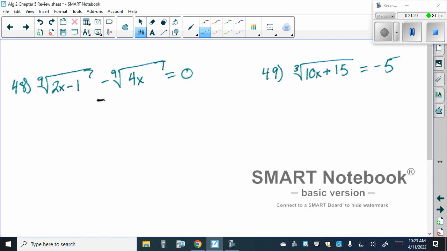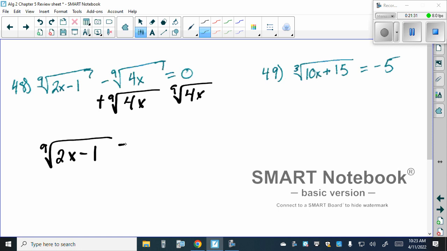You don't have to write this back in, but we're adding the 9th root of 4x to both sides, which tells us that the 9th root of 2x minus 1 is equal to the 9th root of 4x. When I work these, I mark the 0 out and say, hey, they are equal, and we're good. We can do this even if they were added. We can put an equal sign and just leave the negative.